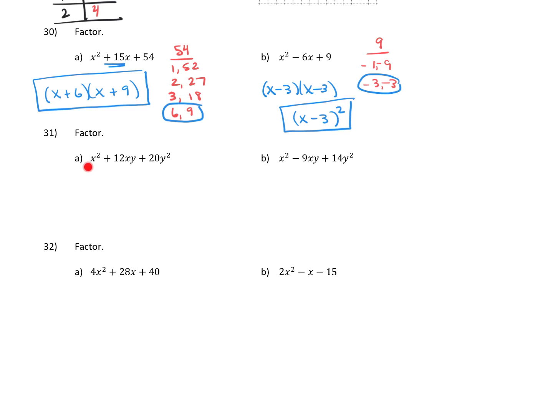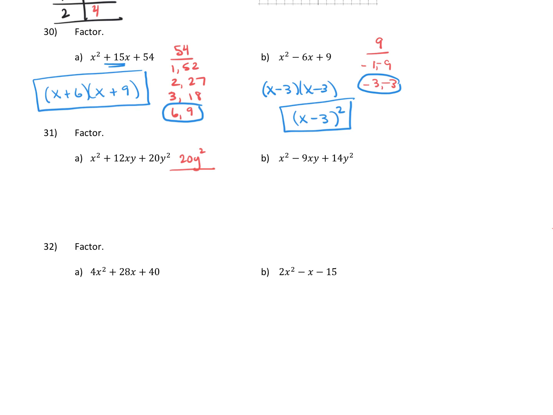Do we have a number in front of the x squared? We do not. So we can jump to factors of c that add up to b. Now, because we have that y squared with the 20, it might be easier to include the y squared when we're looking for factors of 20 that add up to 10.